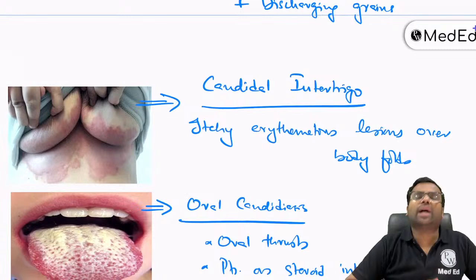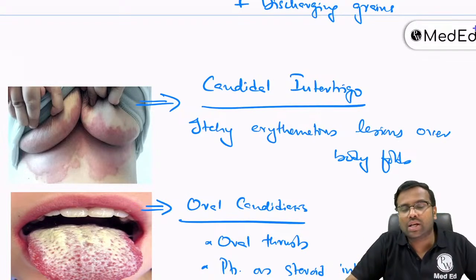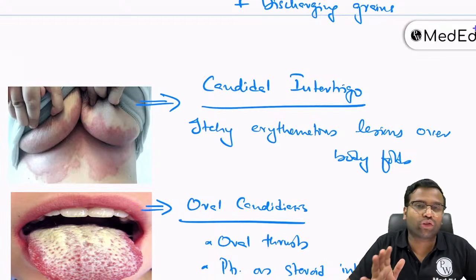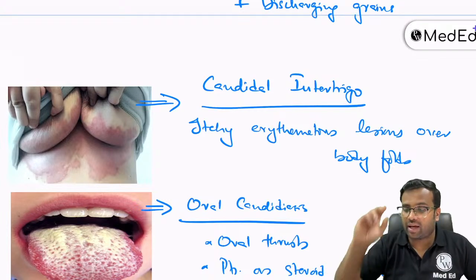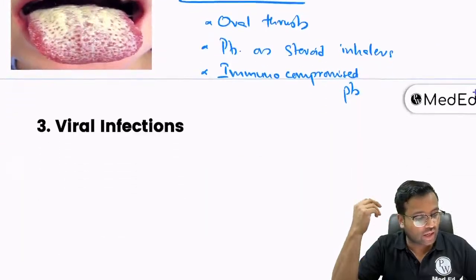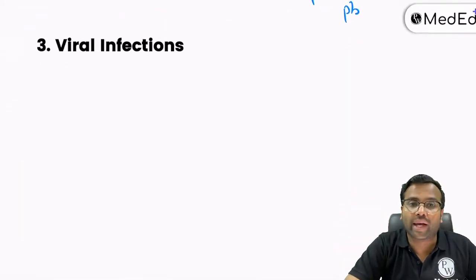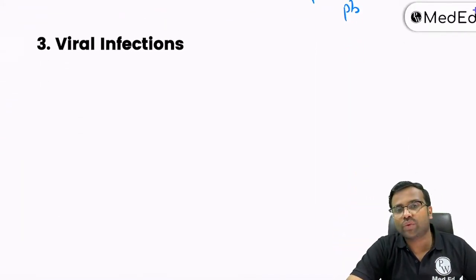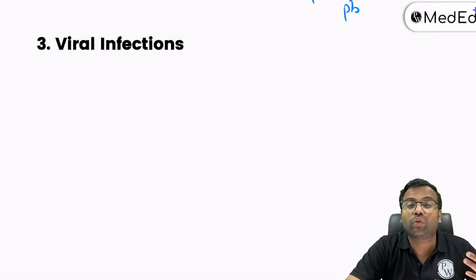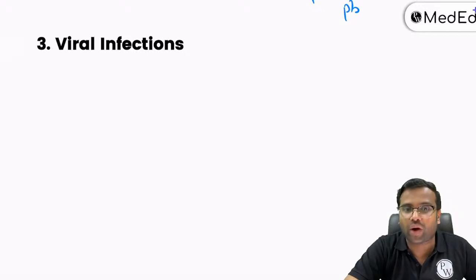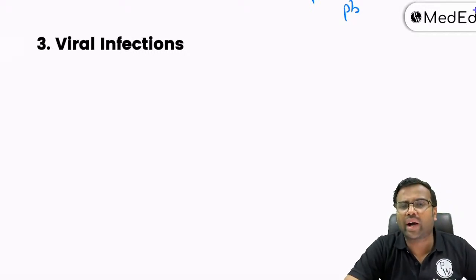So these are different types of presentation of fungal infections. So what I want all of you to understand is, try to understand the pattern, the different kinds of presentations of fungal infections, and start thinking along those lines. Okay, so now let's move into viral infections. Now, as we have done so far, when it comes to viral infections, let's first see when you are going to suspect a viral infection, or how viral infections are going to present.